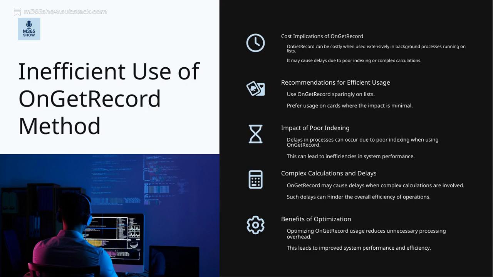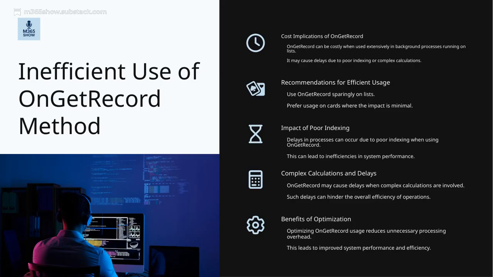Now, another important point is that complex calculations within OnGetRecord can cause delays. These delays can slow down operations and reduce responsiveness. Similarly, poor indexing can compound the problem, leading to even more delays during data retrieval, which hampers system performance.